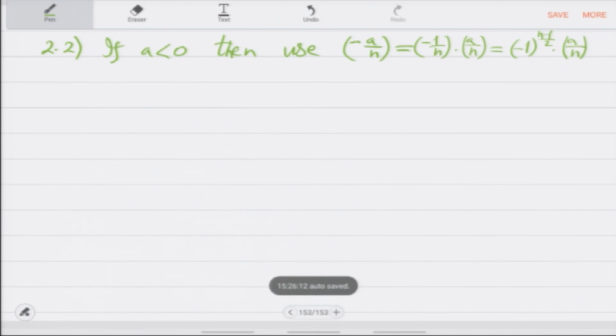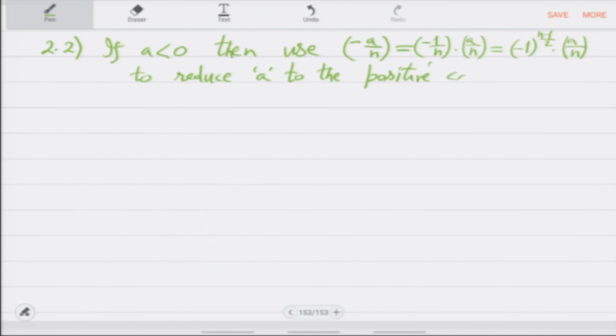So if a is negative, then use this to make a positive. You can make a positive by switching a to minus a by this formula, but this formula requires n to be odd.